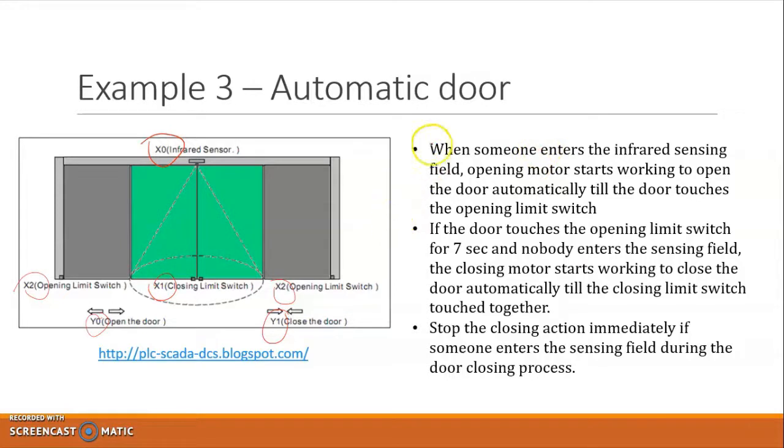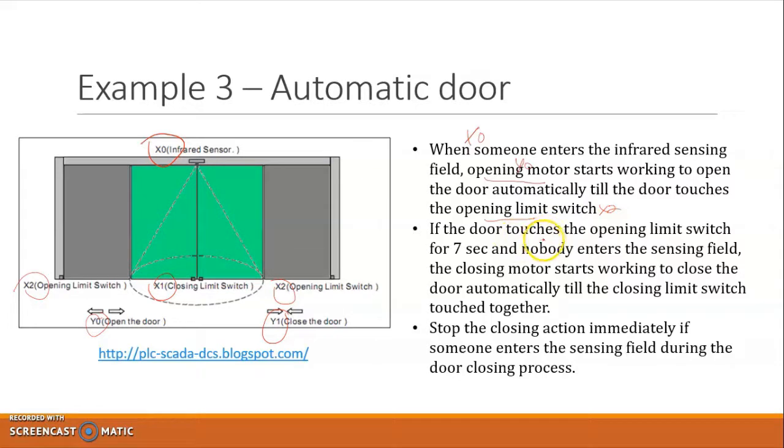So the description of the process: when someone enters the infrared sensing field, so this one is X0 activated, the opening motor will start to work. So this is Y0, to open the door automatically till the door touches the opening limit switch. So this is X2.